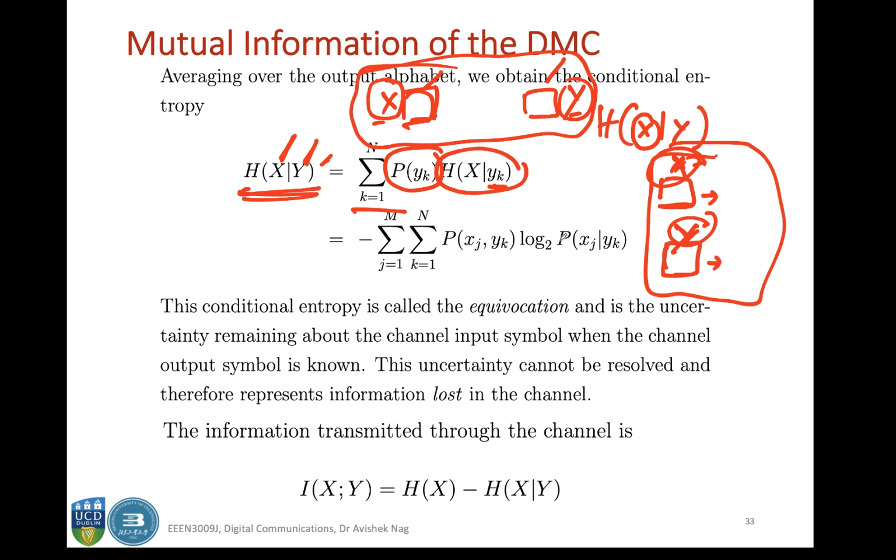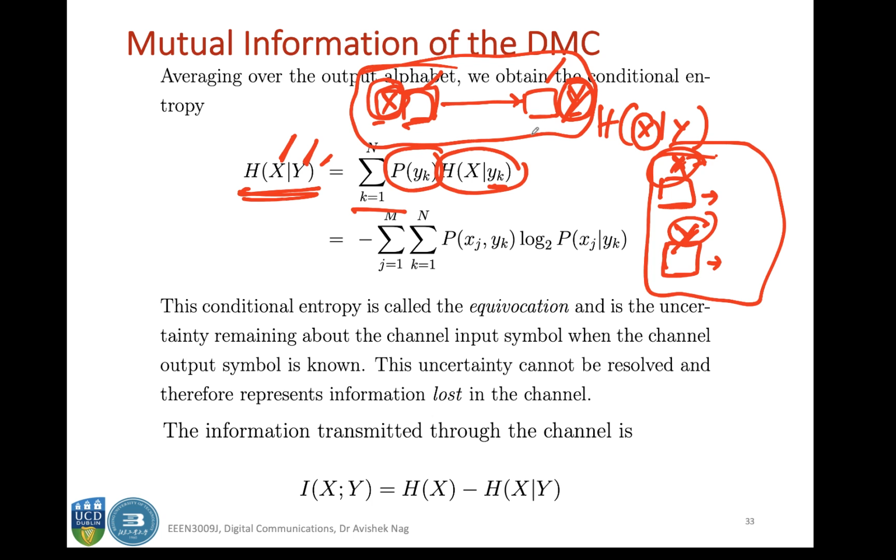The information that X is generating is obviously related to what you are observing at Y, because the same information is traveling through the channel and then you are observing it at Y. So X and Y are two random entities, but they are somewhat dependent.